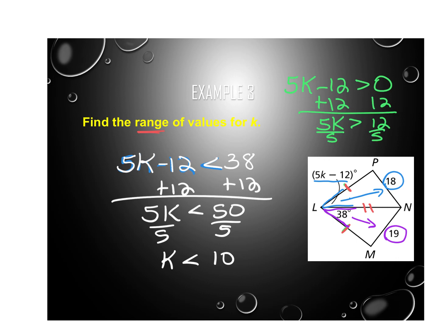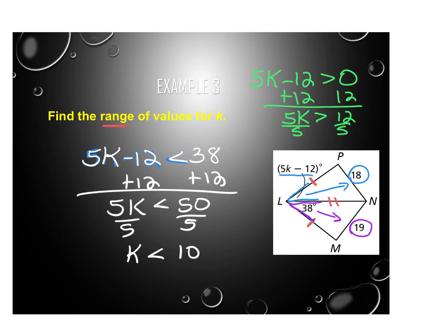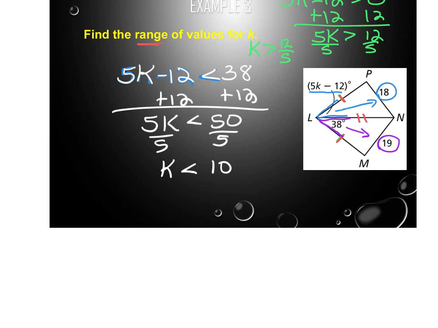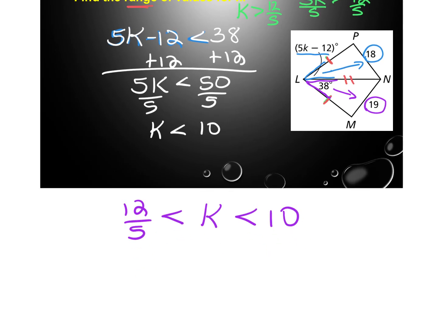Divide by 5, and K is going to be a number that is greater than 12 over 5. So let me come down here. The range of values, K is going to be greater than 12 over 5, but less than 10. And I can even make 12 over 5 2 2/5.